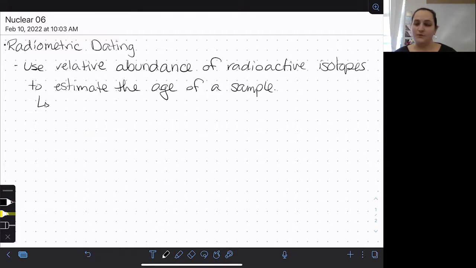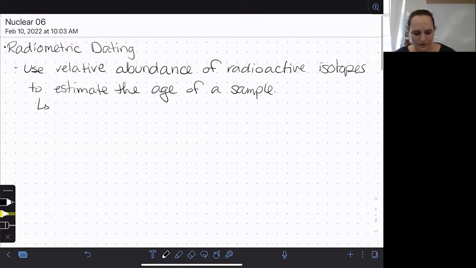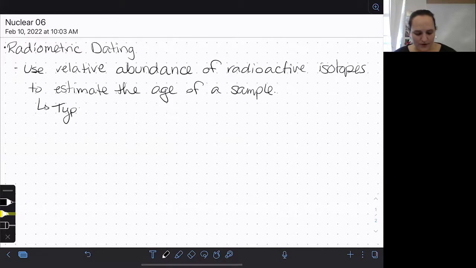Atoms with different numbers of neutrons that have different masses are known as isotopes, and many elements have several isotopes that occur in nature, but they don't all occur in equal amounts. They have different, what we call natural abundances, and what is normal for different elements is pretty well established.